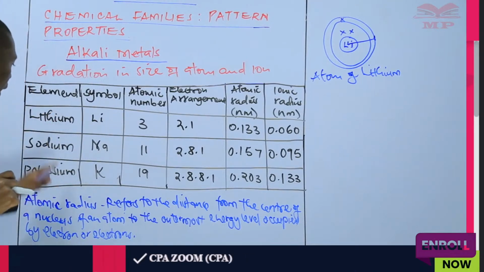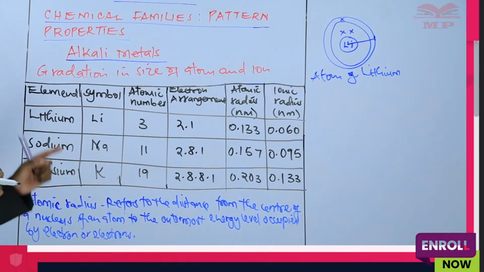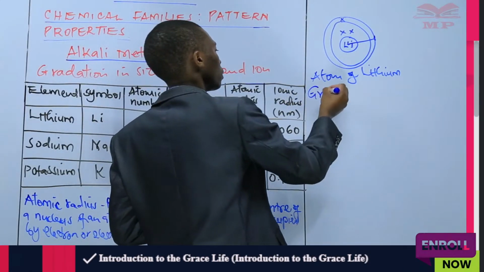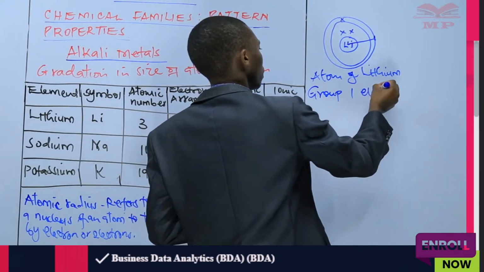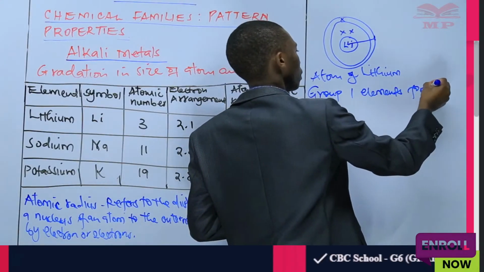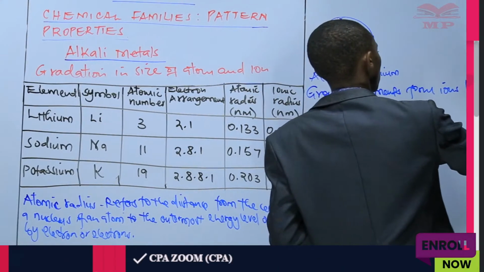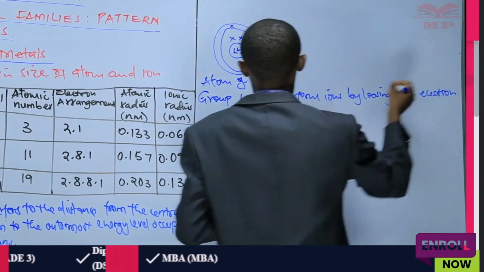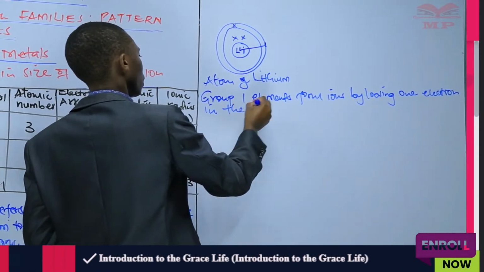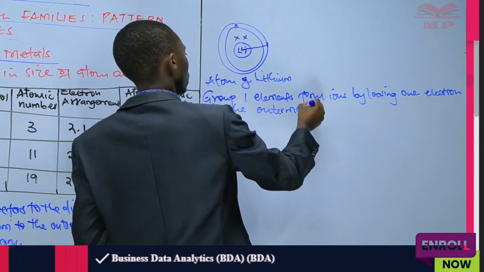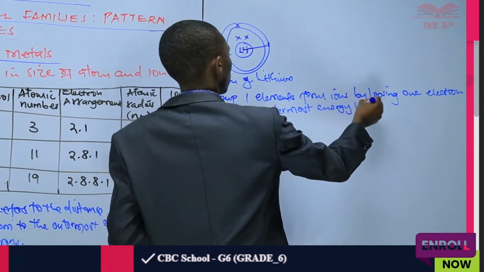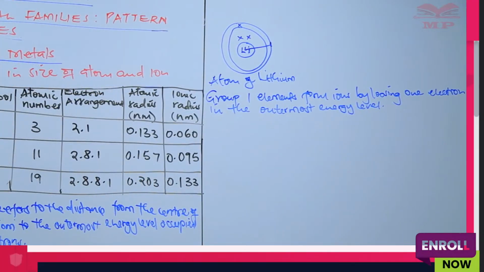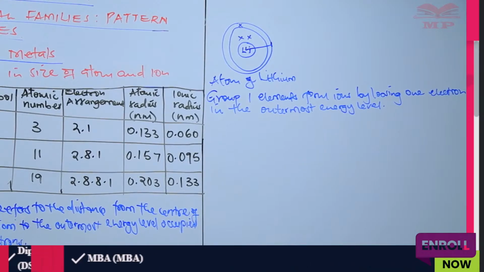And these elements form ions by losing 1 electron in the outermost energy level. So group 1 elements form ions by losing 1 electron in the outermost energy level.